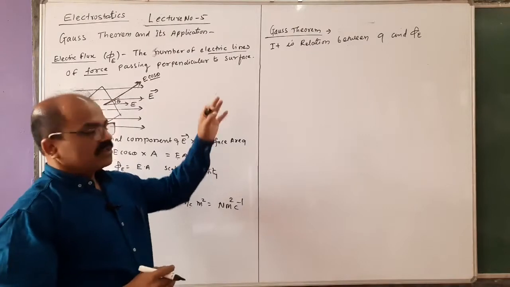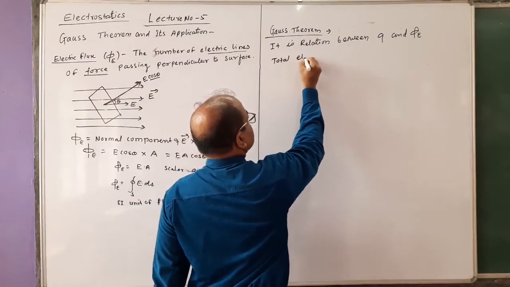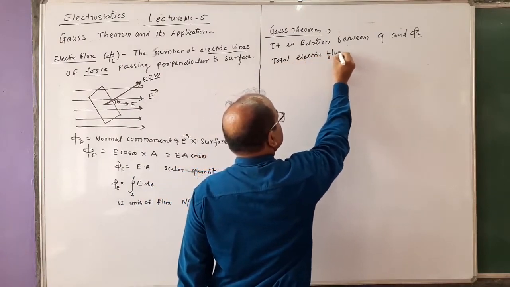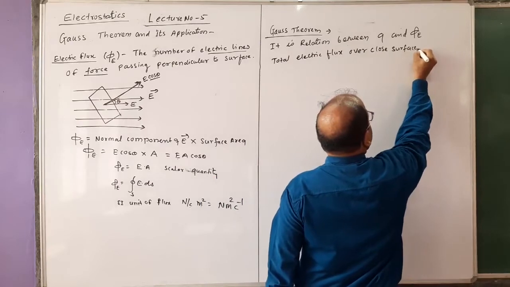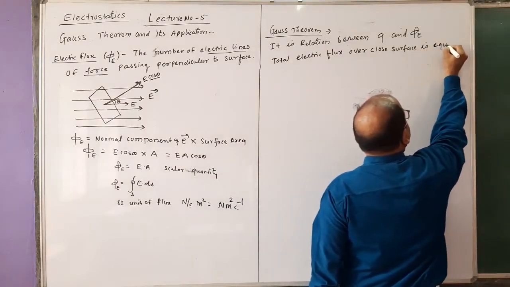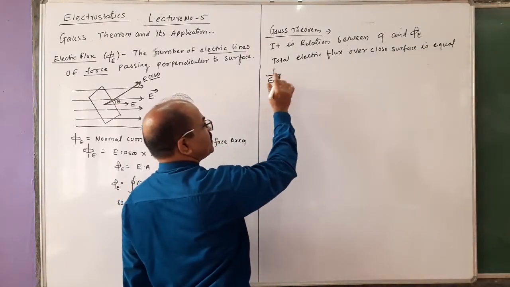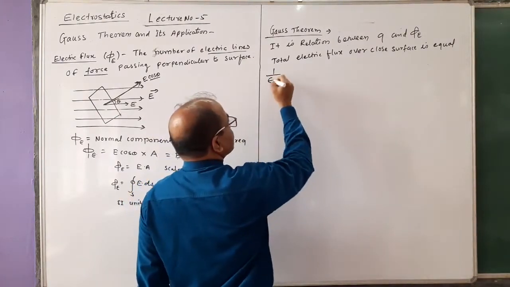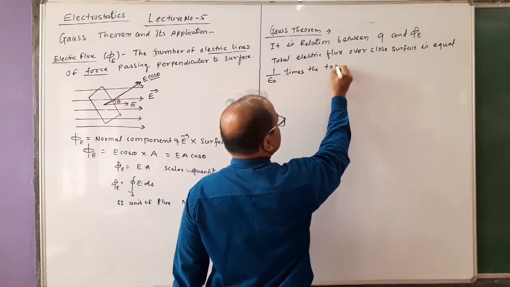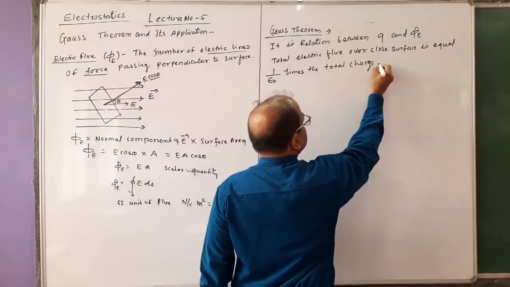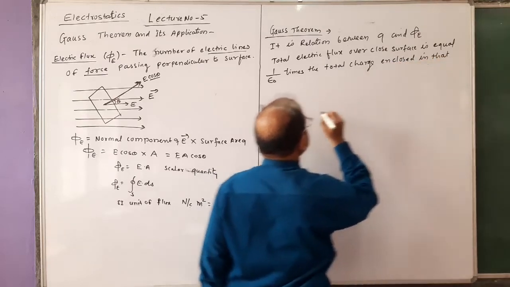The general statement of the Gauss theorem is: the total electric flux over a closed surface is equal to 1 by epsilon naught, the permittivity of free space we discussed earlier, times the total charge enclosed in that surface.